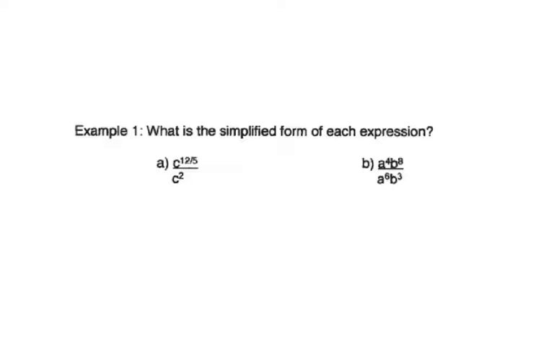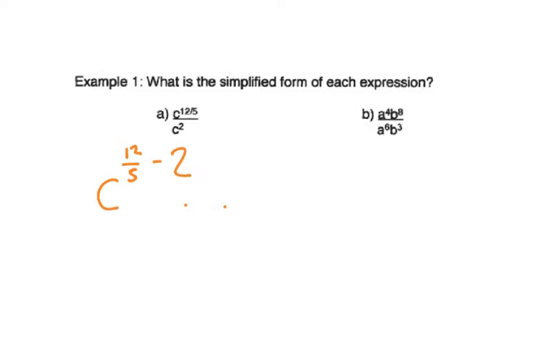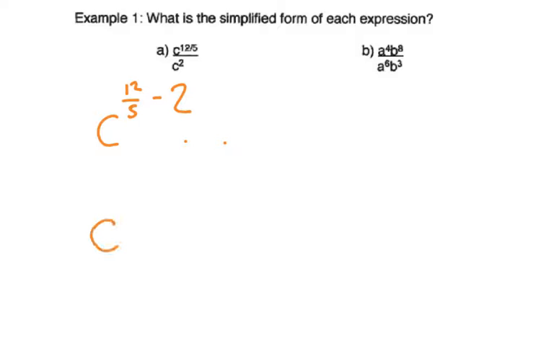Let's move on. So let's do a couple examples. Here we have s to the 12 over 5 divided by s squared. We just finished saying that this means the same thing as subtraction. So this is 12 over 5 minus, now 2 is the same thing as 2 over 1. In order to subtract, we have to have the same denominator, so we'll multiply both top and bottom by 5.